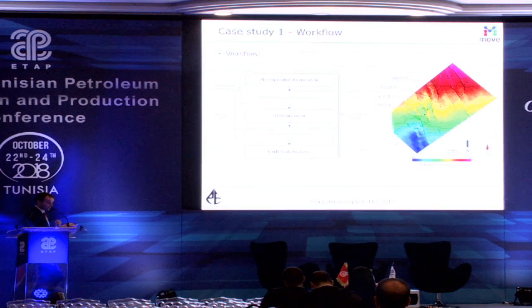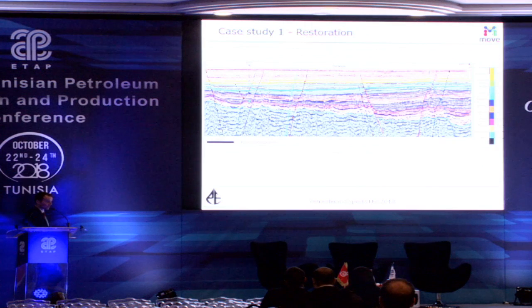And in terms of the 2D sequential restoration, we took two cross-sections through the field to do the restoration on, and the cross-sections looked something like this. So this is from southwest on the left-hand side to northeast on the right-hand side, and you can see the stratigraphy down the right-hand side of the slide.